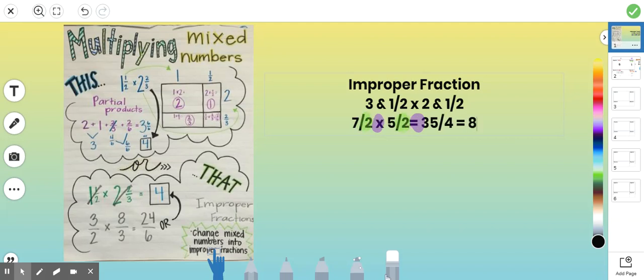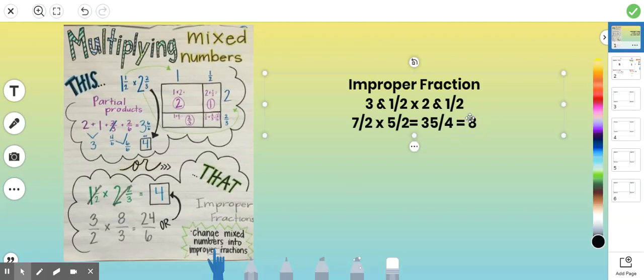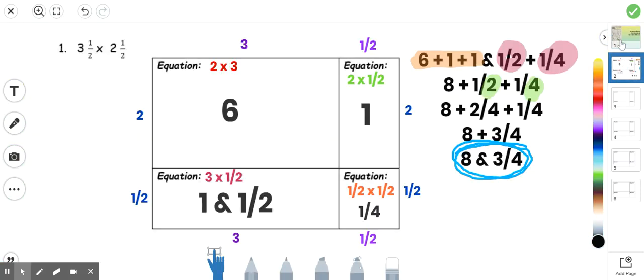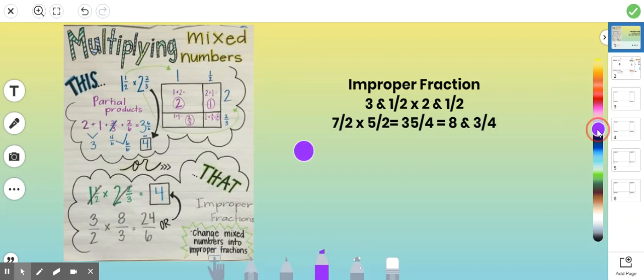And so if 4 times 8 is 32, then 8 wholes would get rid of 32 of my fourths. And then I'd have 8 and 3/4 left over. So let's go back here. 8 and 3/4. So either way, and 3/4. There. Either way you do it, the answer is 8 and 3/4.